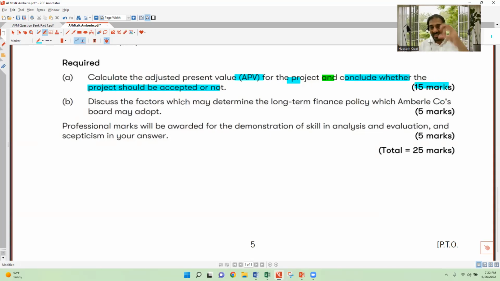So please, it's important advice: read the question and the question requirement very carefully. Whenever you read the requirement, try to understand the exact requirement of the examiner. Here, 15 marks includes two parts: number one, calculate, and number two, conclude.